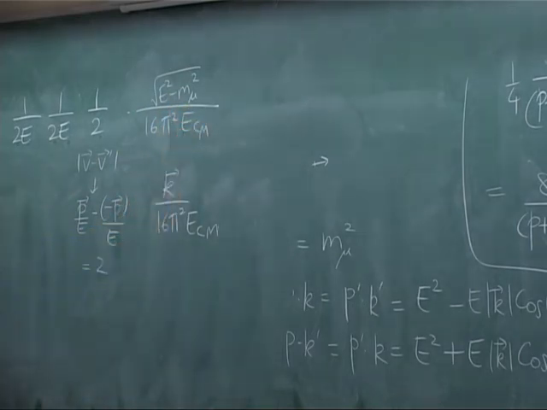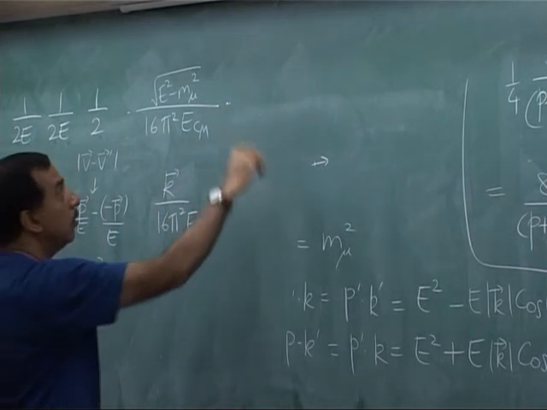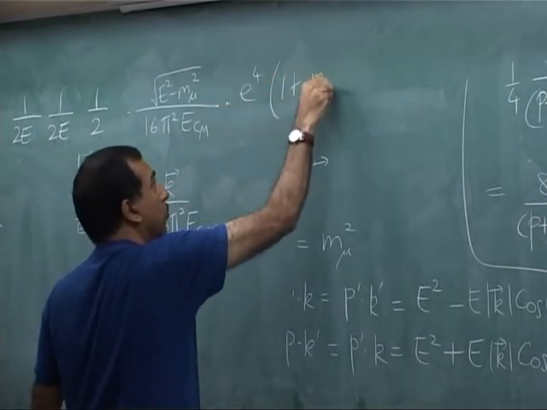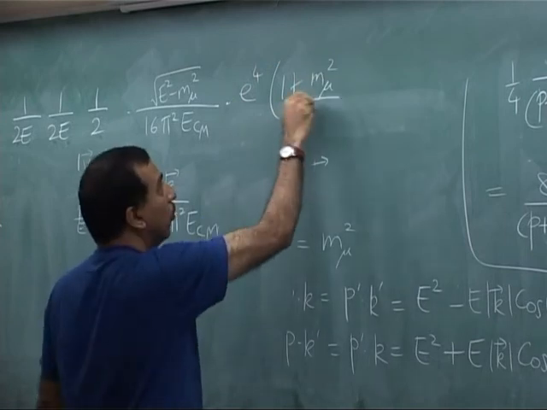We'll replace everything in terms of ECM at some stage. So ECM is twice E, or better, E is ECM by 2. Okay? And now finally, all that, E to the fourth, 1 plus m mu squared over E squared.